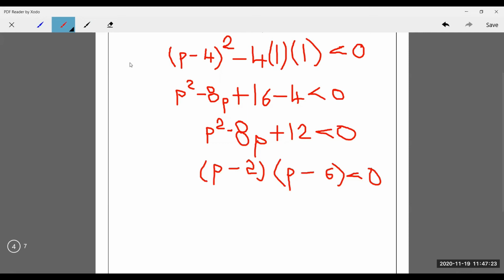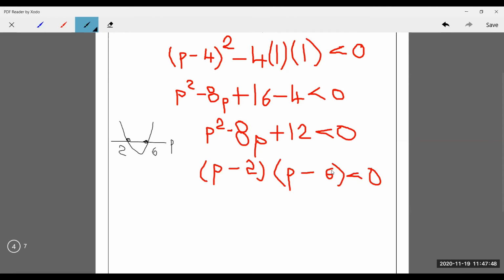Now if I were to do a sketch with a p-axis, the roots would be 2 and 6. That is when we were solving this equals 0: we would get P equals 2 and P equals 6.